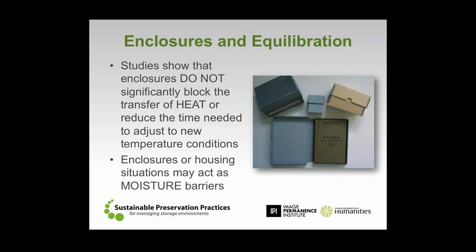So to sum up and go back through, what we found is that the enclosures have very little impact on the ability to slow down heat transfer and the rate of temperature equilibration.